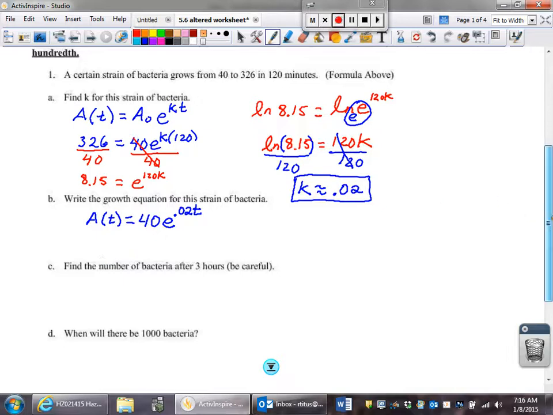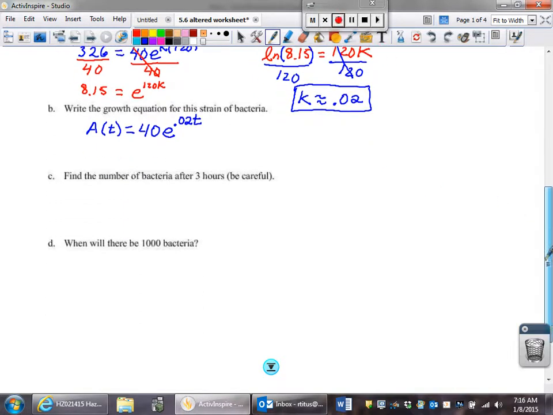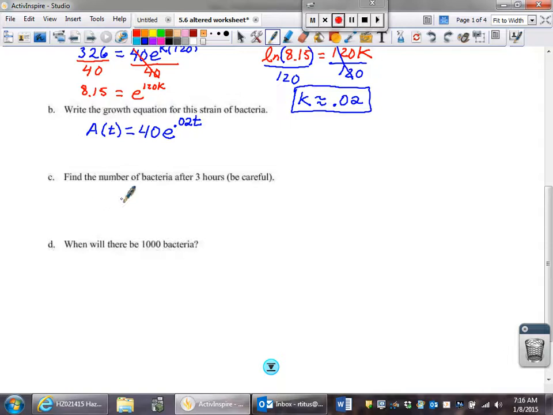I'll move this down just a little bit. Now we have part C. It says find the number of bacteria after 3 hours. Well, that means you're going to let t be 3 hours, which in this case is equivalent to 180 minutes.